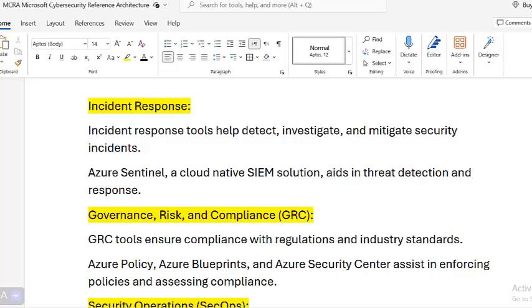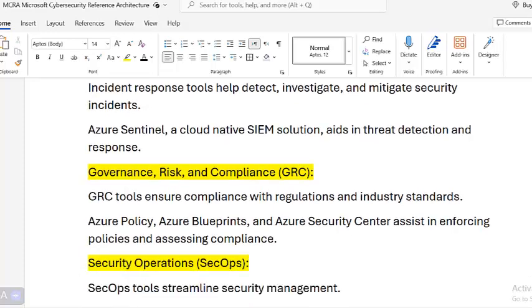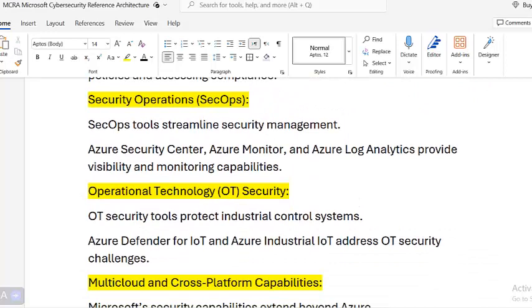Governance, risk, and compliance, GRC. Governance, risk, and compliance tools ensure compliance with regulations and industry standards. Azure Policy, Azure Blueprints, and Azure Security Center assist in enforcing policies and assessing compliance. Security operations, SecOps. SecOps tools streamline security management.